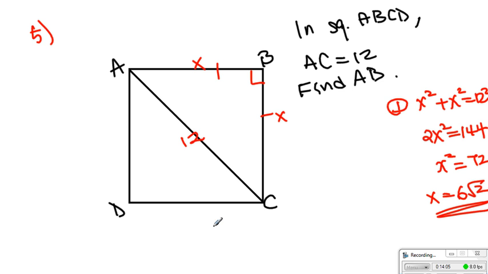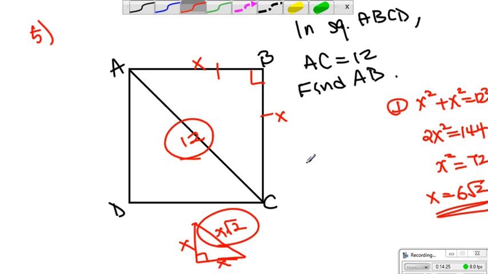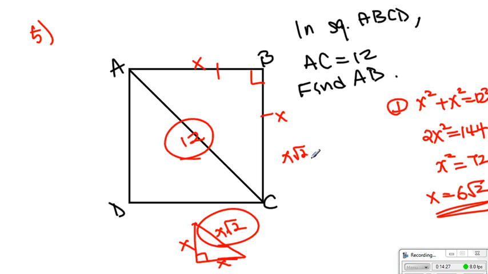But how else can we do this? Here you see, if you remember the Pythagorean triple, these two sides were x, and the hypotenuse was x square root of 2. You see, in place of x square root of 2, we have 12. That means we can set up an equation: x square root of 2 must be equal to 12. Of course, we divide by square root of 2 on both sides.